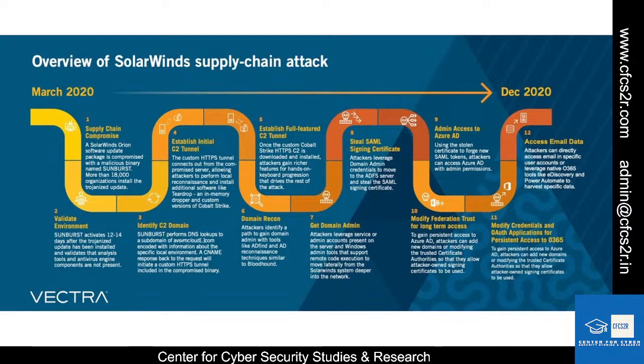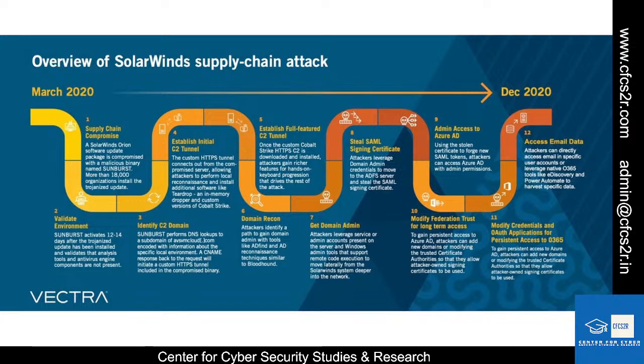In the field of security, if some company has 18,000 customers, you can see the large market penetration the organization has. A malicious binary named Sunburst was injected into the update, and the 18,000 users got the Trojanized update.